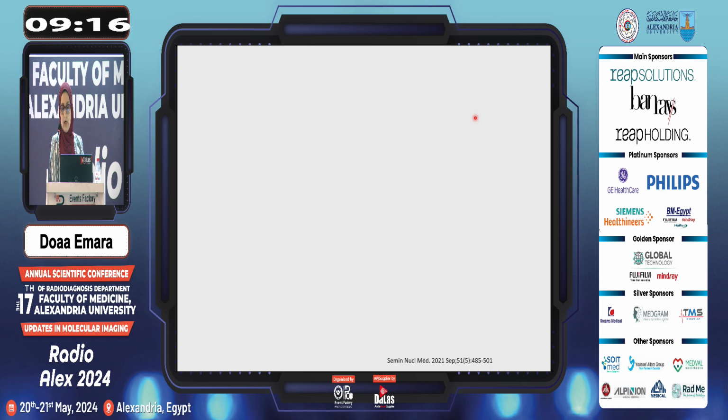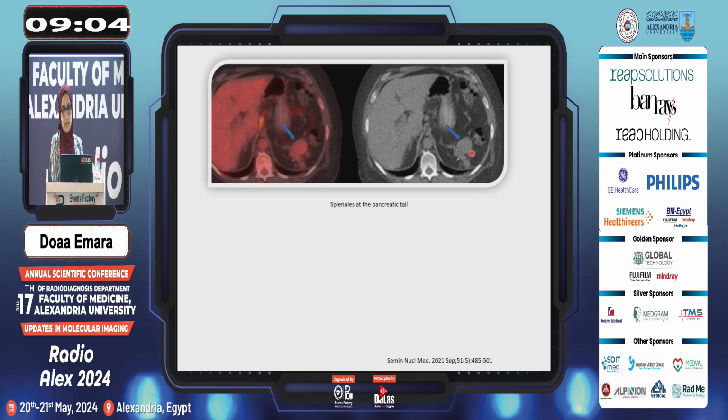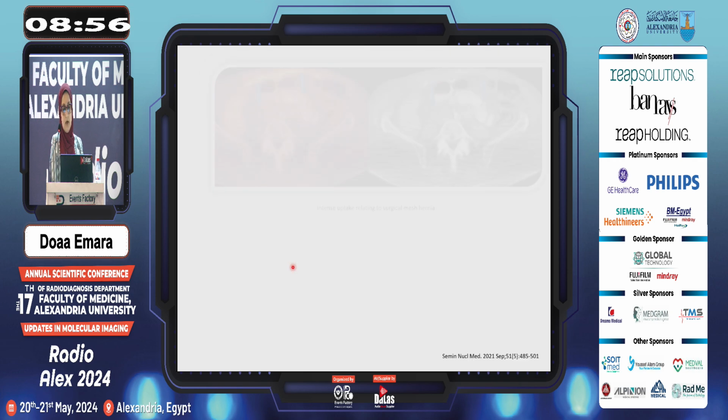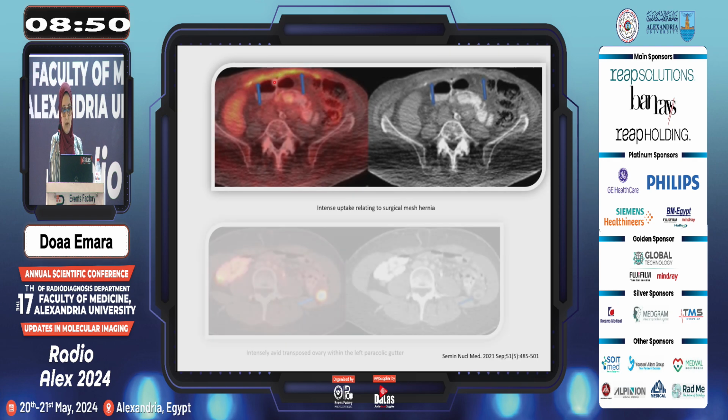And now I'll take a rest from malignant lesions and show you some normal structures which show uptake of FDG in PET study. This is a splenule at the pancreatic tail, normal appendix showing FDG uptake, post-surgical hernial repair, and this is the mesh showing intense uptake.